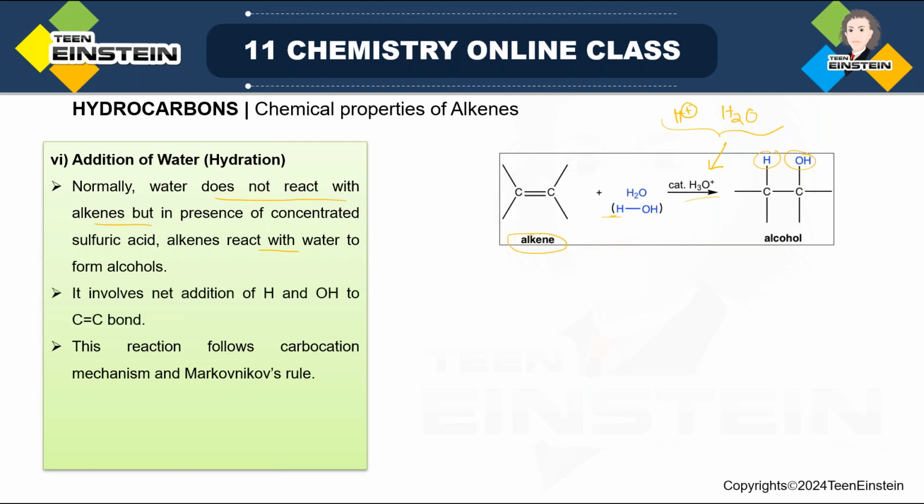Net addition of HOH, and if we take one unsymmetrical molecule, we can see how the carbocation is generated. So let's take propene, first in presence of H3O plus. So this is the hydronium ion. Oxygen is having some positive charge.